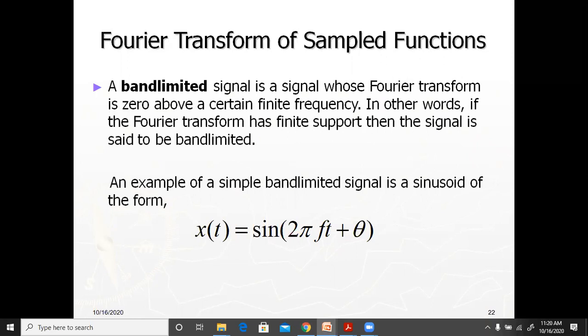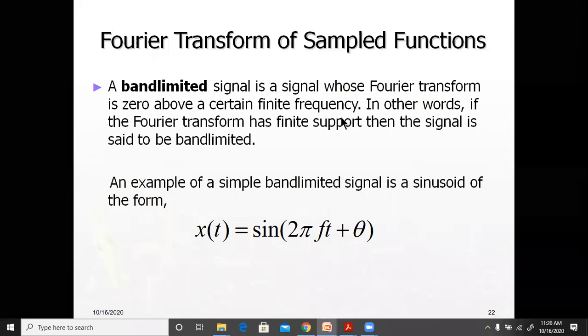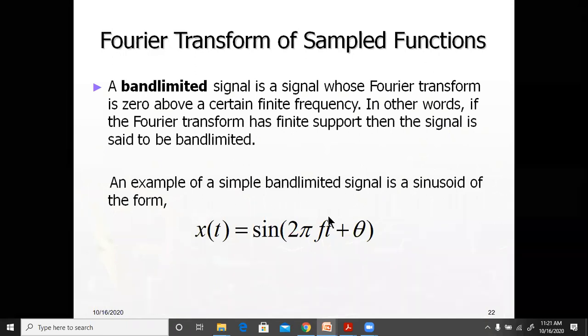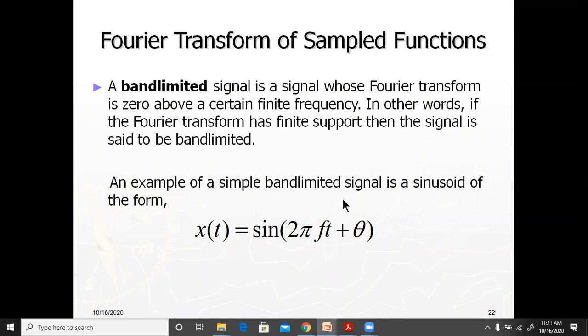In other words, if the Fourier transform has finite support, meaning it is within a finite range of values, then the signal is said to be band limited. An example of a simple band limited signal is x(t) equal to sine of 2π f t plus θ, where there is only a single frequency f. This is a sinusoid with single frequency f.